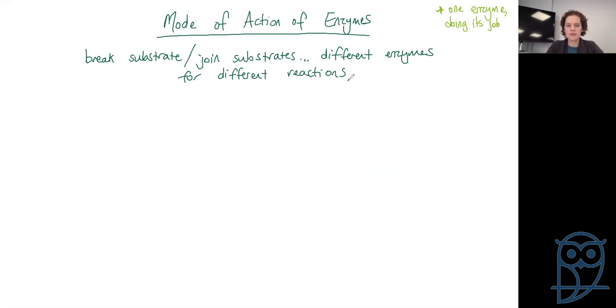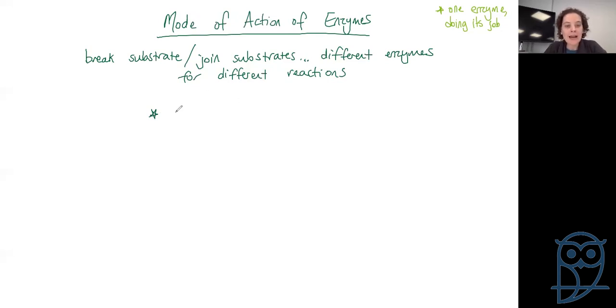But what are the specifics? Now we are talking about reaction A and enzyme A only, one little enzyme A. We have said that the active site has a specific shape. That is part of the mode of action, part of how the enzyme does its job. You wouldn't send a guy out to dig a hole without a spade. He needs that spade to dig the hole.